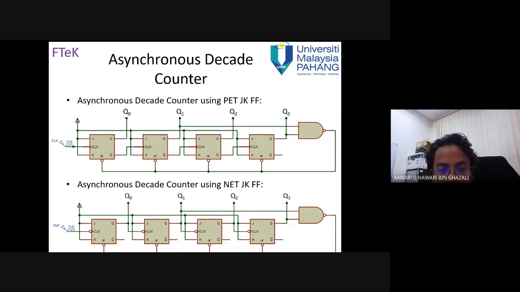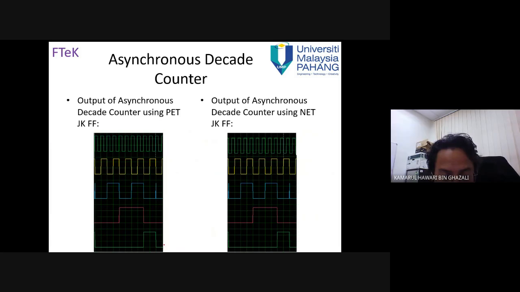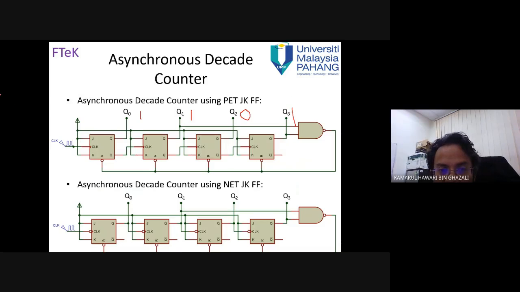It will reset at 1, 1, 1, 0, 1. Right? 1, 1, 0, 1. It will reset at 1, 0, sorry, 1, 0, 1, 0, 1, 1, 1, 0, 1, 1.